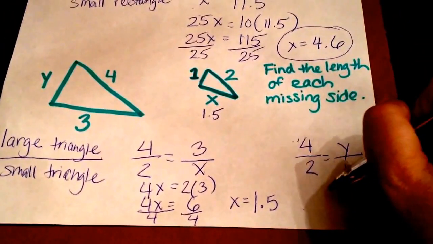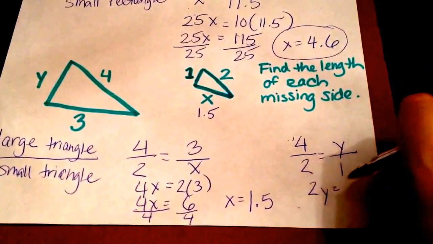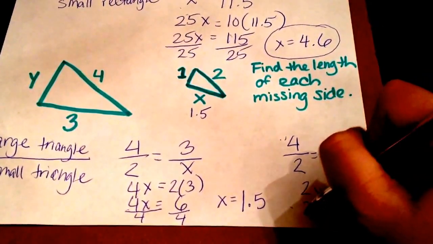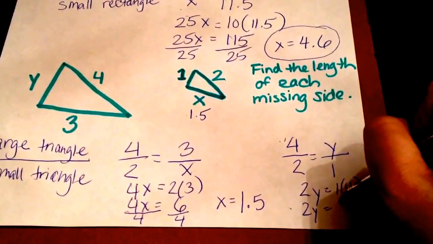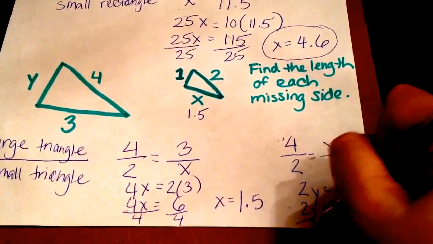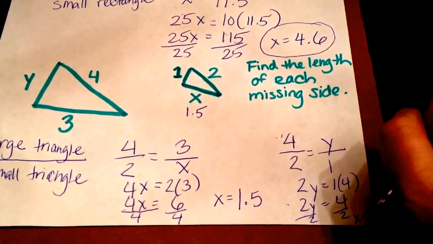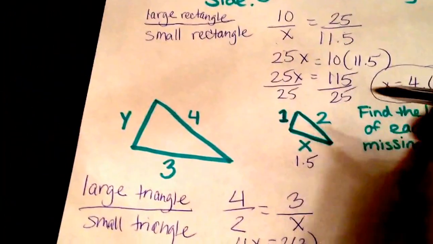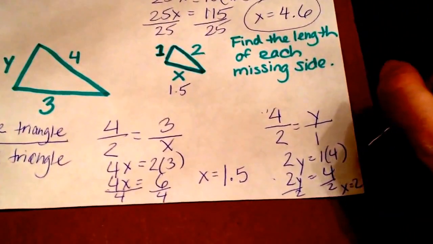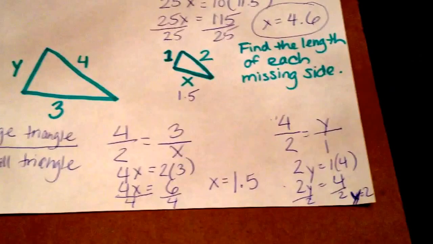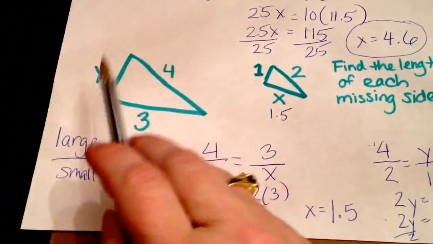And then 2y is equal to 1 times 4. 2y is equal to 4. And then I divide both sides by 2. And I get y is equal to 2. Oh, sorry, I said x, that's actually a y. It is important to keep track of which variable you're using because those stand for different numbers. So y equals 2.